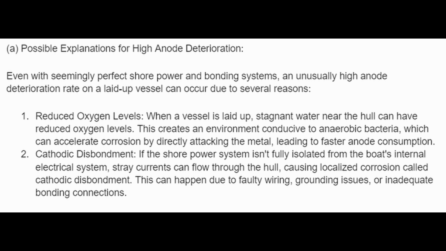Cathodic disbondment. If the shore power system isn't fully isolated from the boat's internal electrical system, stray currents can flow through the hull, causing localized corrosion called cathodic disbondment. This can happen due to faulty wiring, grounding issues, or inadequate bonding connections.